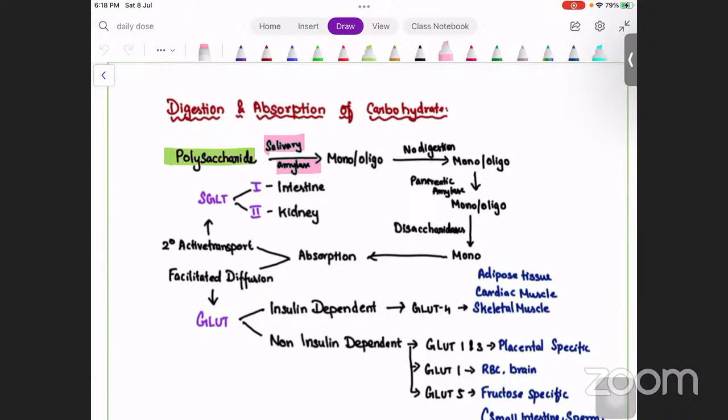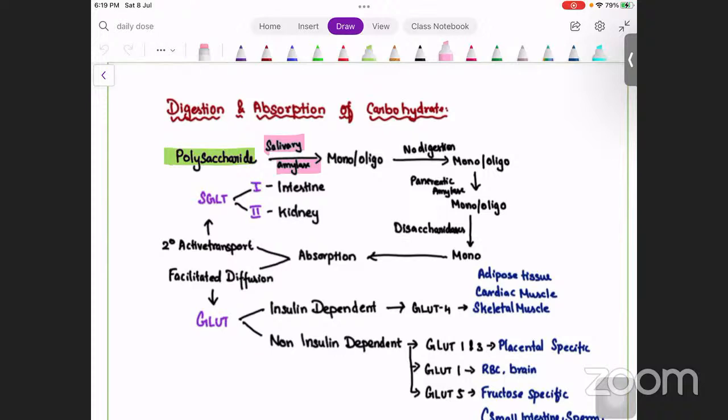Sucrase breaks sucrose to glucose plus fructose, and similarly lactase breaks lactose to glucose plus galactose. All of these are converted into monosaccharides and get absorbed in the duodenum and jejunum.